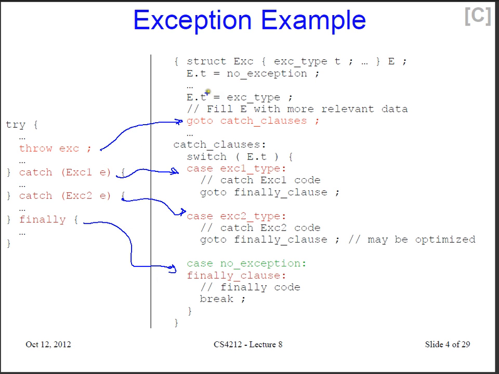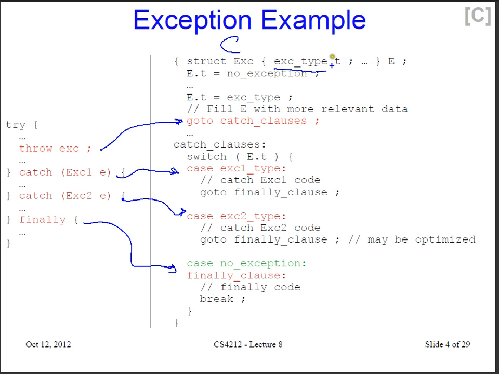So first of all, we want to encode the information that we have in a structure. So now this is C. This is how we would translate the exception handling into C. We would invent a number of types, one for each kind of exception that we want to throw, and these will be very likely symbolic constants or something like that.